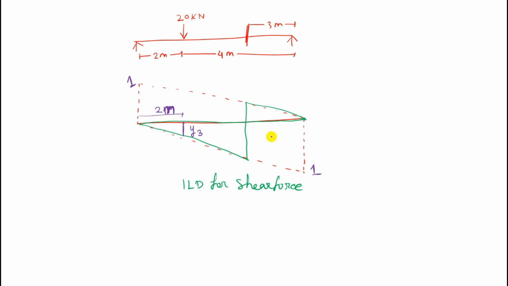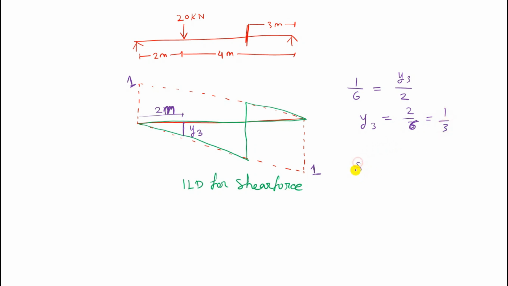So we can write 1 by 6 equals y3 by 2. So y3 equals 2 by 6, that is 1 by 3.